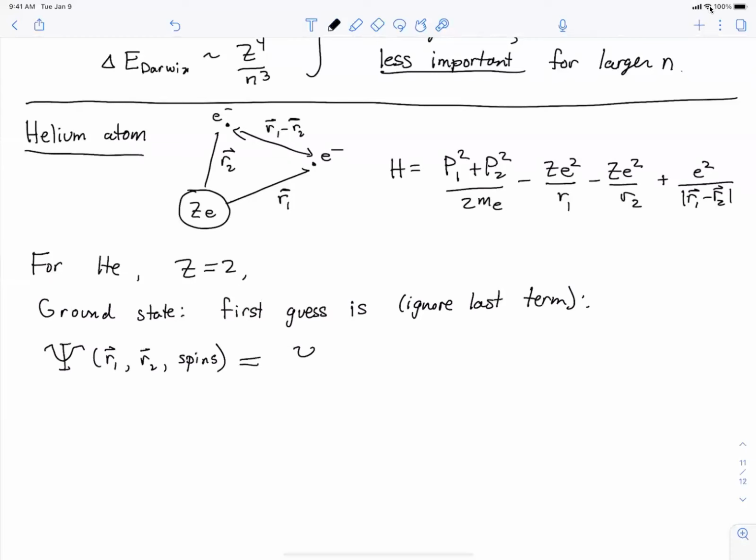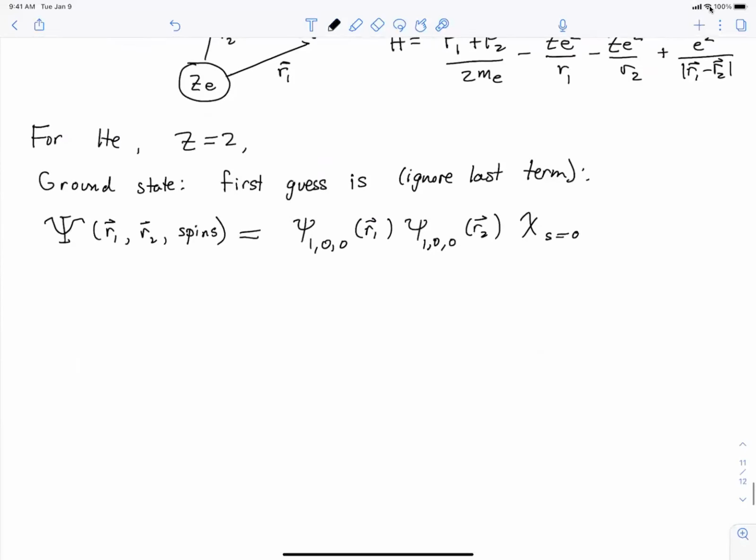And since we're ignoring the cross term, we can just treat the two parts of the Hamiltonian separately. And our ground state looks something like this. It's the product of two individual ground states times a spin state. So a reminder, this is the spin 0 state. This is anti-symmetric under interchange of the spins. And more specifically, it's this combination.